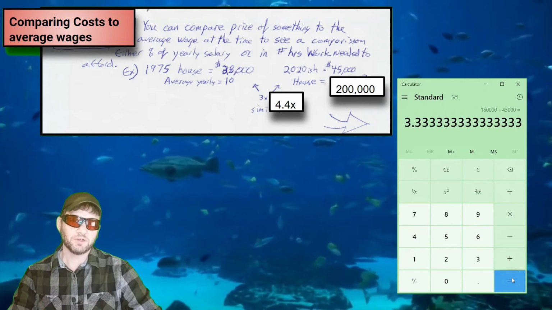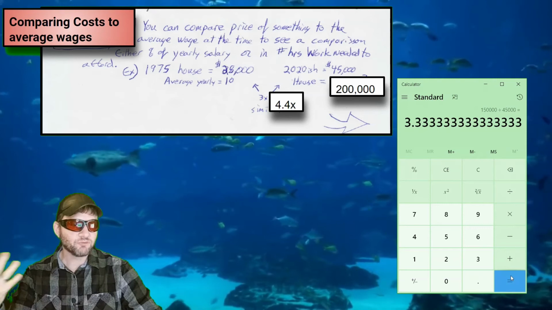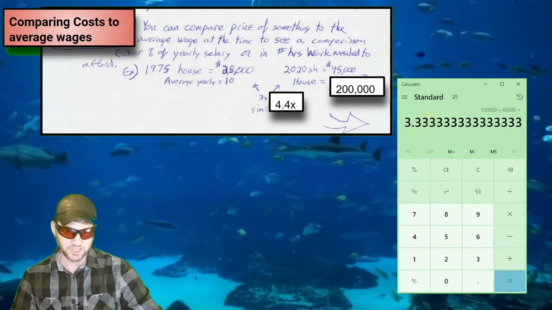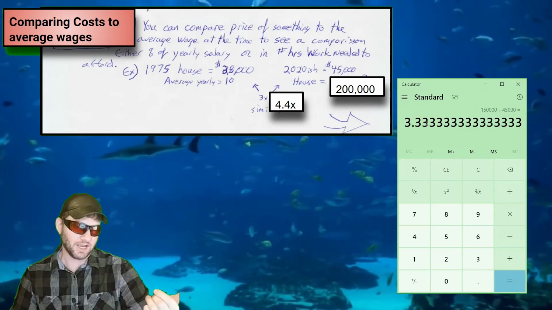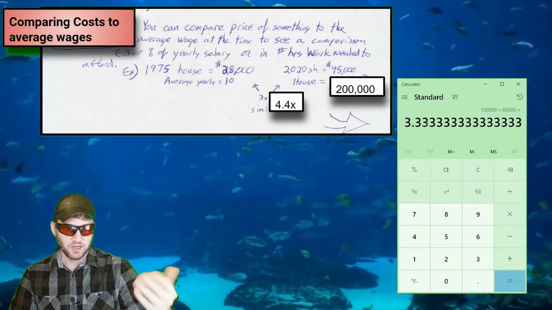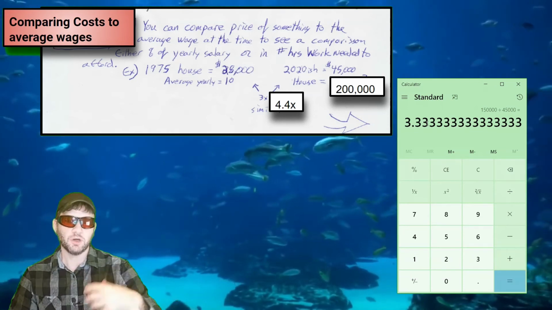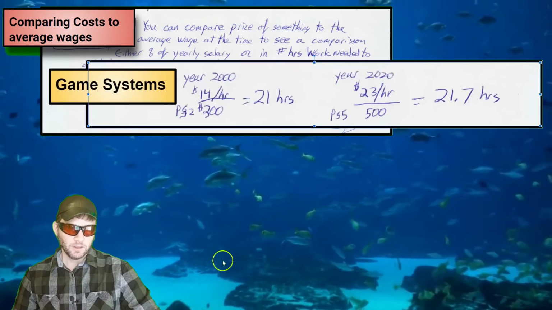So whereas my parents could get a totally acceptable house for 2.8 times their starting salary, today in roughly the same area, you're going to have to spend 3.3 times your yearly salary to get the same type of house or the same acceptability of a house. Okay? So we could see that the housing prices in this certain area of the US have gone up more than inflation, more than yearly salaries.